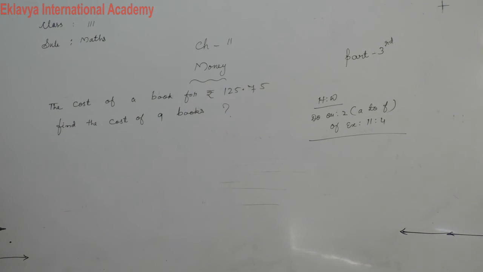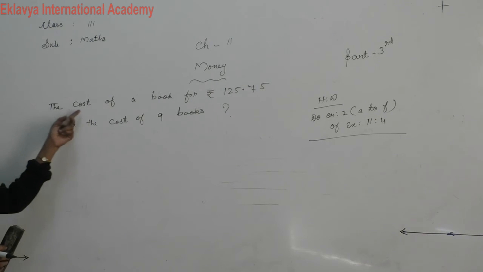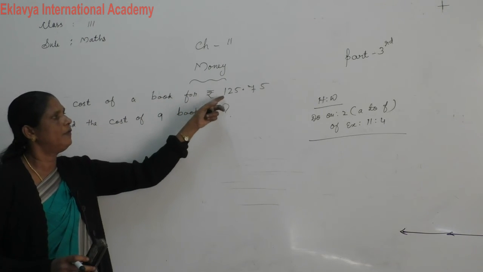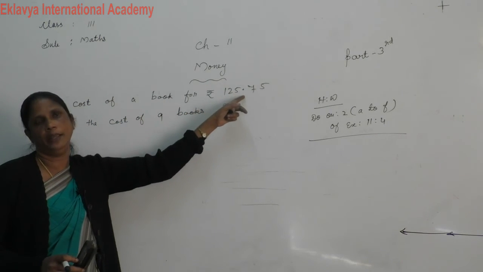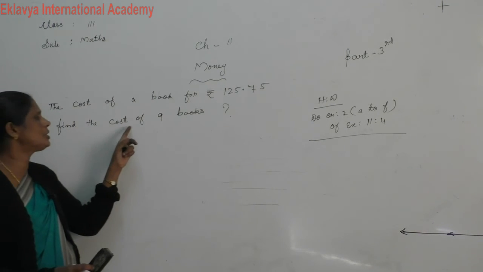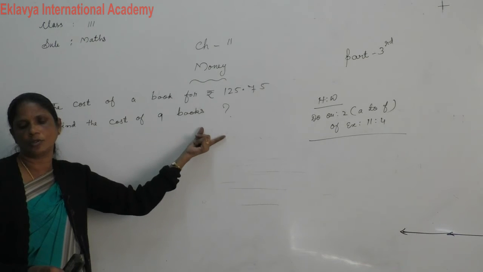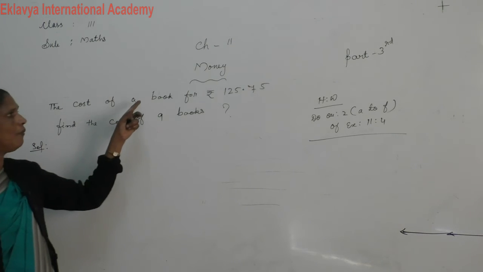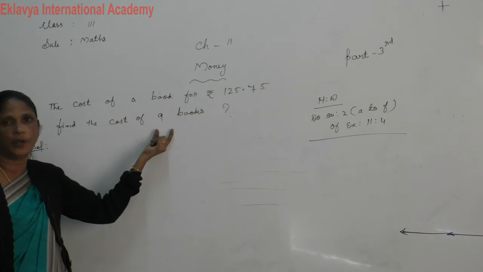Again we read the question. The cost of a book is rupees 125 and 75 paise. Find the cost of 9 books. First the statement we write. Then here also one given, many find.